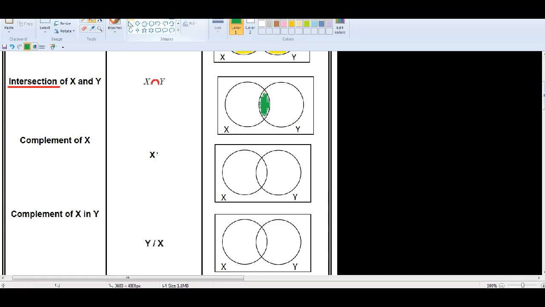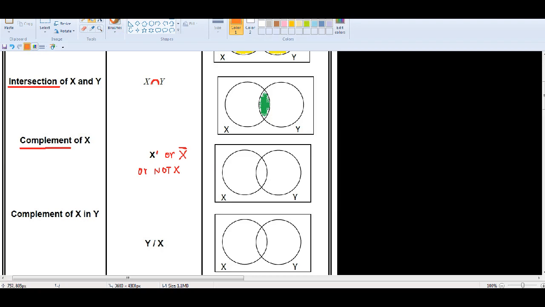Another thing you need to learn is what we call the complement of X. Complement of a set means the rest of that set. Normally we use X with a dash here, or sometimes in the book you might see a bar over it. Or sometimes we might use the word not X to represent the idea that it's not in X. That means complement of X. How could we represent this?